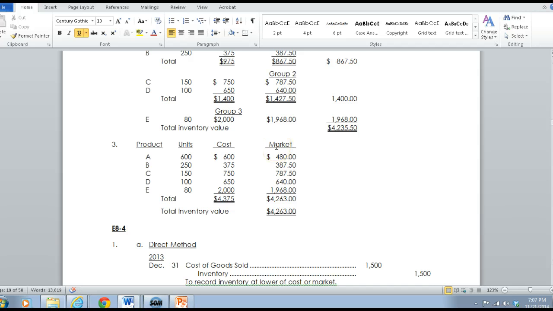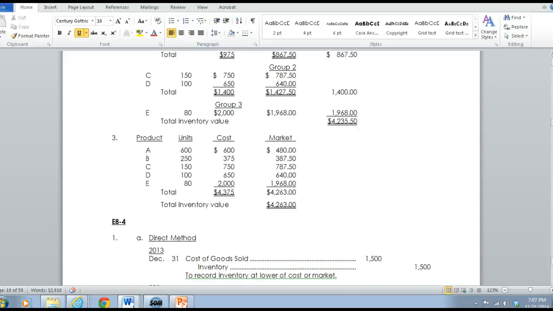And as you see here, the total inventory value here is $42.63, which again is higher than our groupings. And the cost was $43.75. We're down a little more than $100 in our reduction in our inventory when we take it in full as an entire inventory.